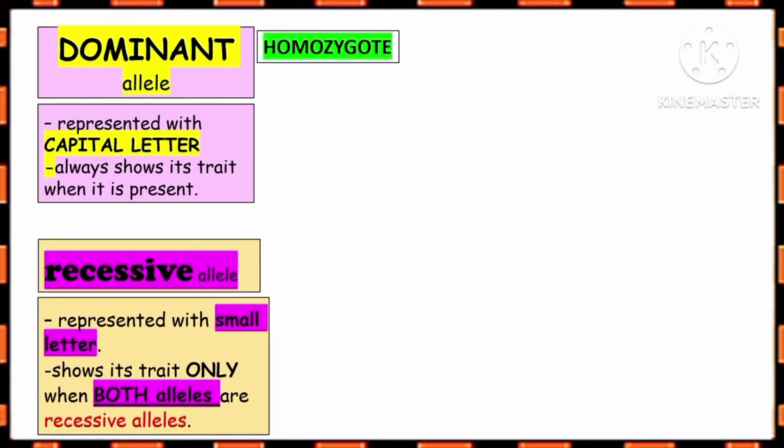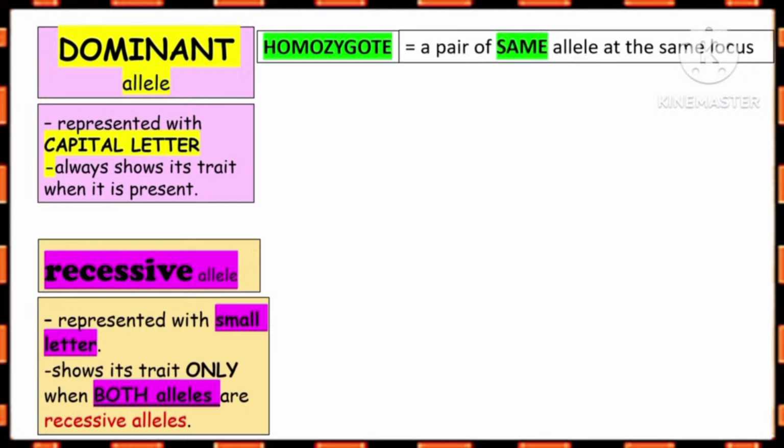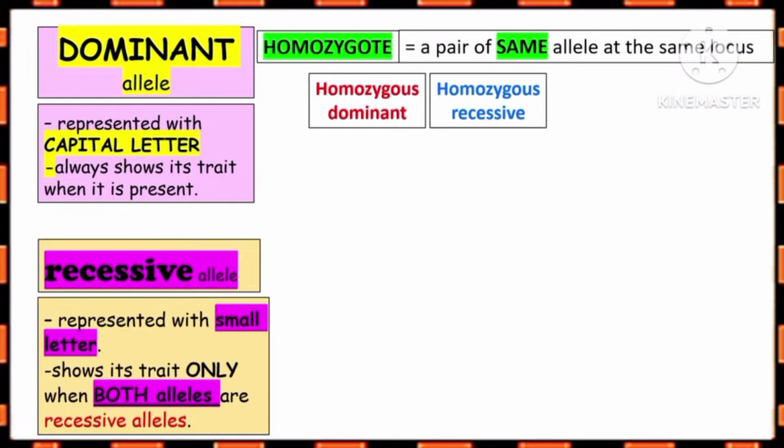Now, how about homozygote? Homozygote refers to a pair of the same allele at the same locus. You see the word same is highlighted here. Homozygote can be homozygous dominant or homozygous recessive.